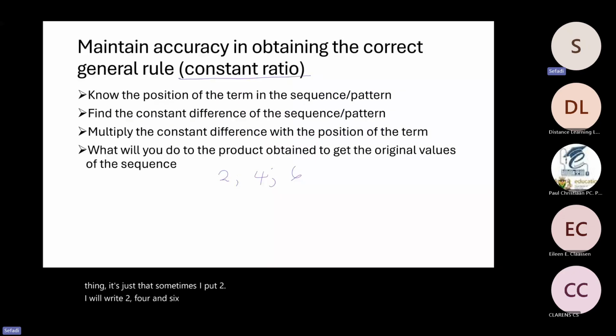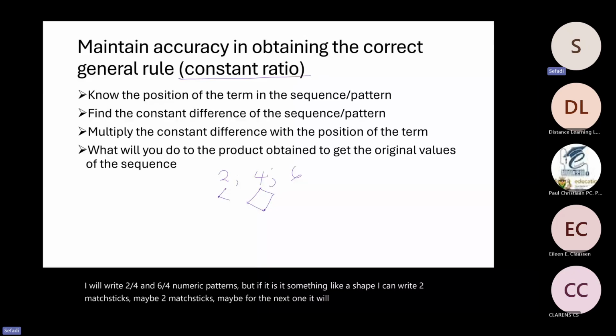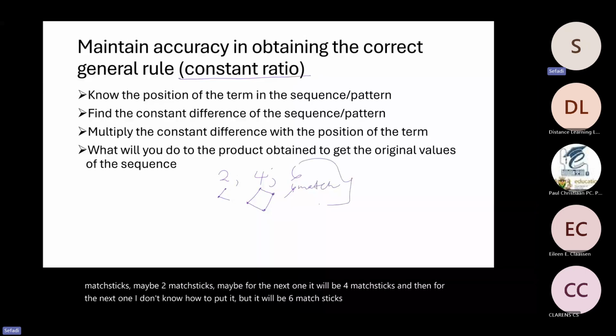But if it is something like a shape, I can write 2 matchsticks, maybe. 2 matchsticks, maybe for the next one, it will be 4 matchsticks. And then for the next one, it will be 6 matchsticks. So that is how it is all about.